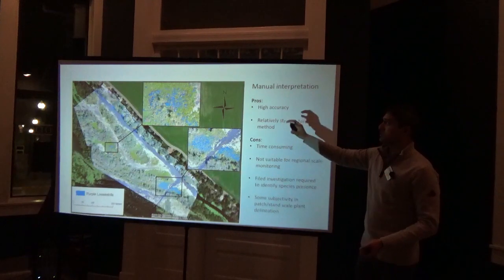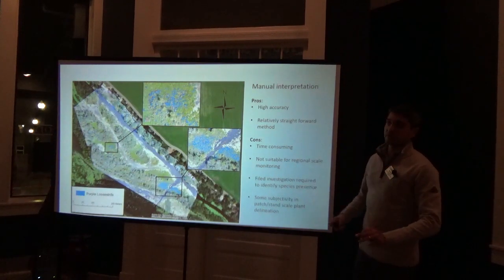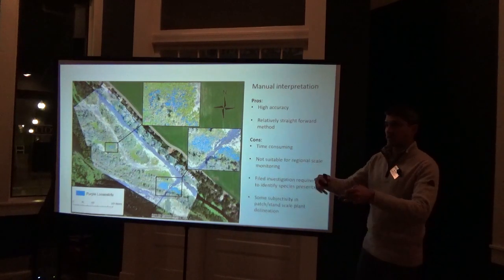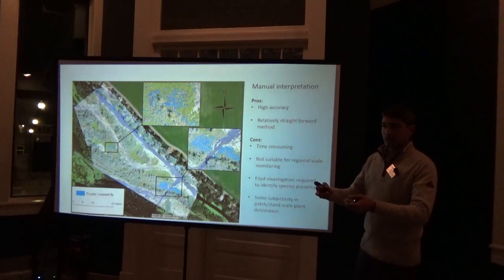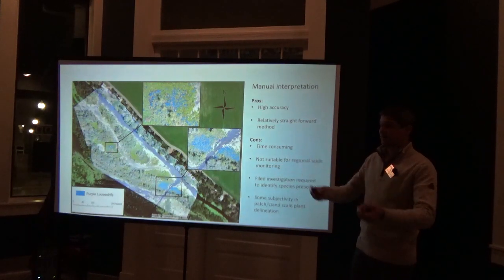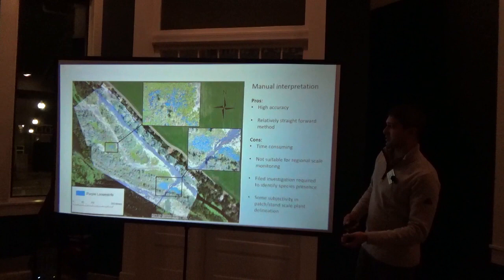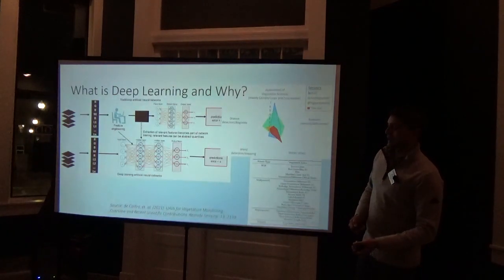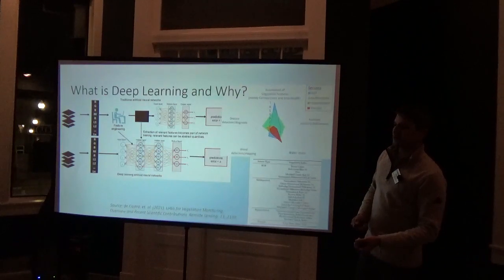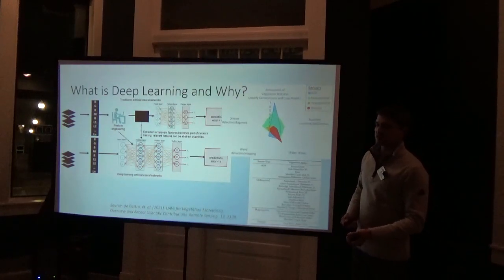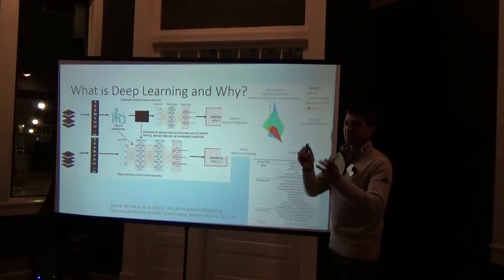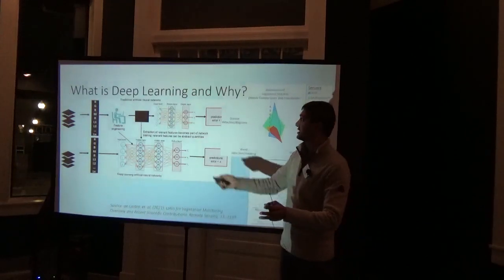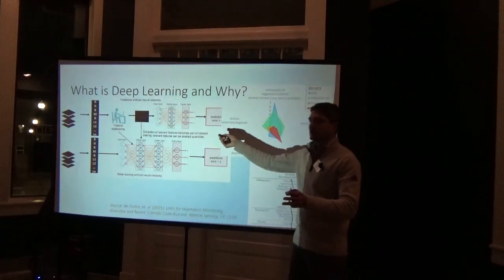But manually digitizing this takes time, right? Wouldn't it be smart to train a computer algorithm to identify it automatically? And that is something we are working on more recently. So if you go into artificial intelligence and machine learning, there is a specific set of techniques called deep learning.